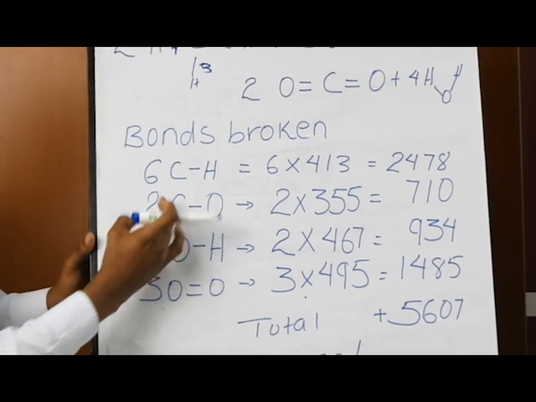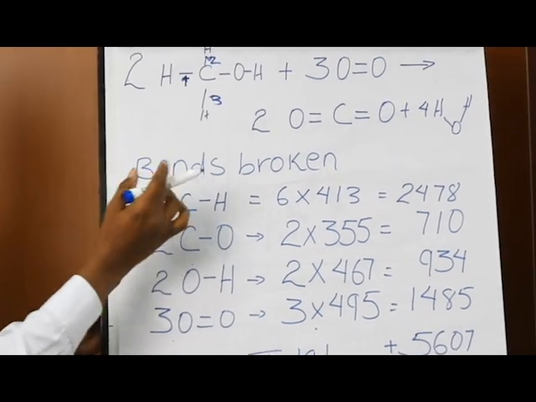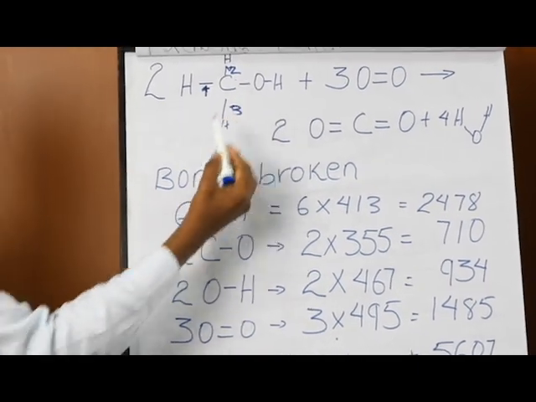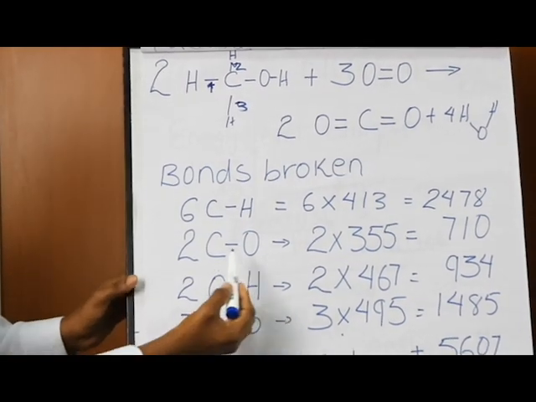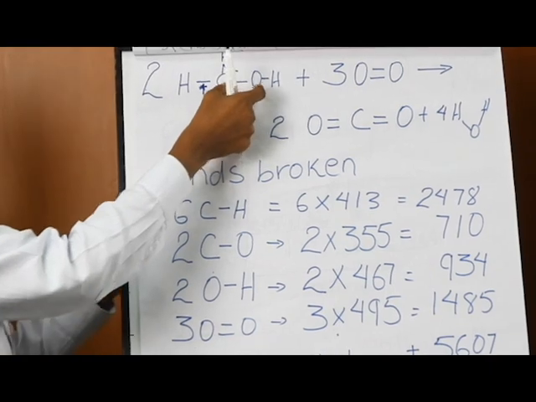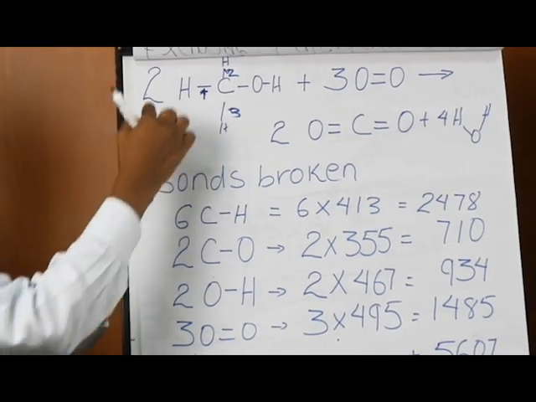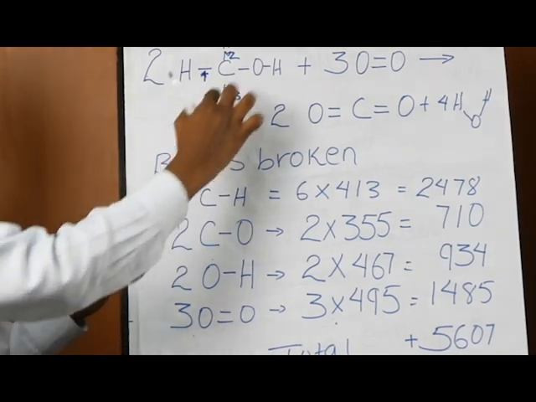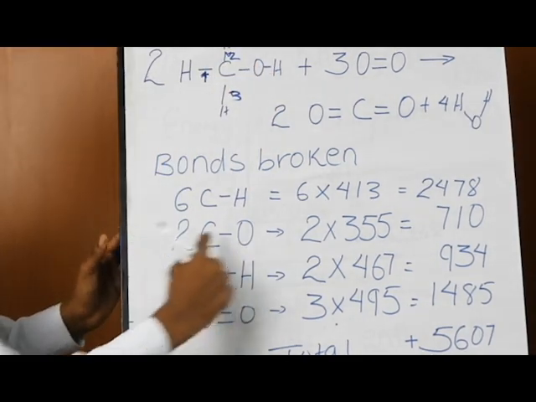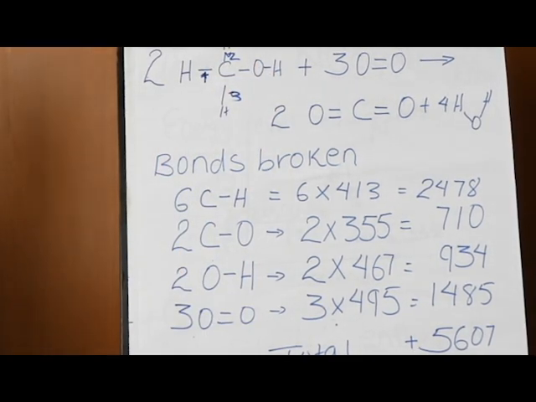Next, I have to break this particular bond, the carbon to oxygen bond. Note this is a single bond. Now I have only 1 per molecule of methanol, but I have 2 methanol molecules, so that gives me 2 carbon to oxygen bonds.